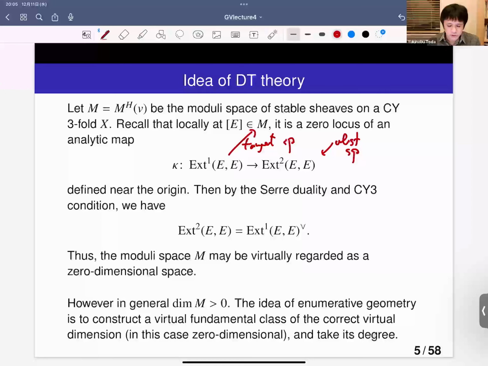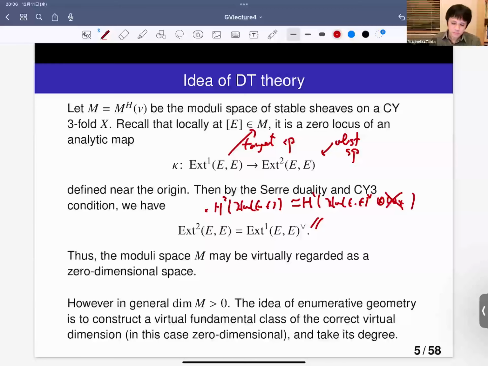Let's recall that for simplicity, if you assume that E is a vector bundle, the left-hand side is given by H^2 of Hom(E,E). But Serre duality says that this is equal to the dual of H^1 of Hom(E,E) tensor omega_X, but omega_X is trivial, so we can ignore that. So this is nothing but the dual of Ext^1. This is the important point of considering Donaldson-Thomas theory.